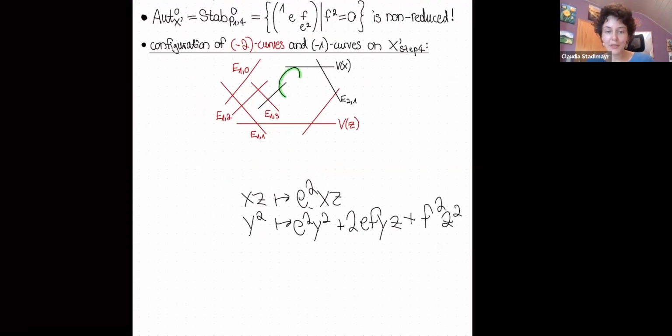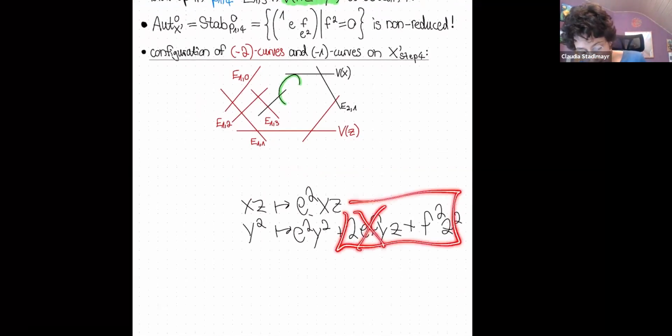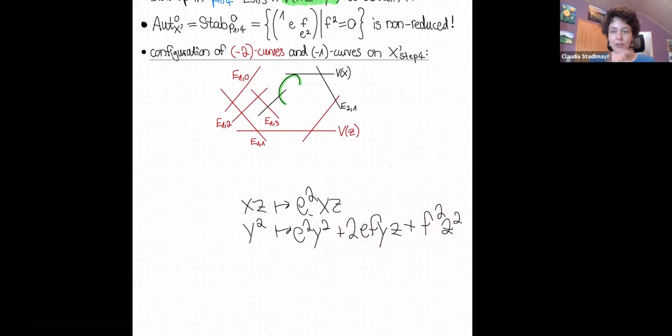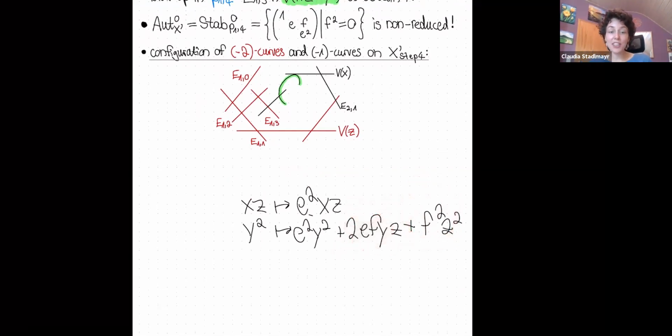Okay, and now you see if the characteristic is different from 2, the conic is preserved precisely if f is 0. And in characteristic 2, the conic is preserved if f squared is 0, because this term vanishes. So the condition in characteristic 2 is weaker, which leads to the non-reducedness phenomenon.